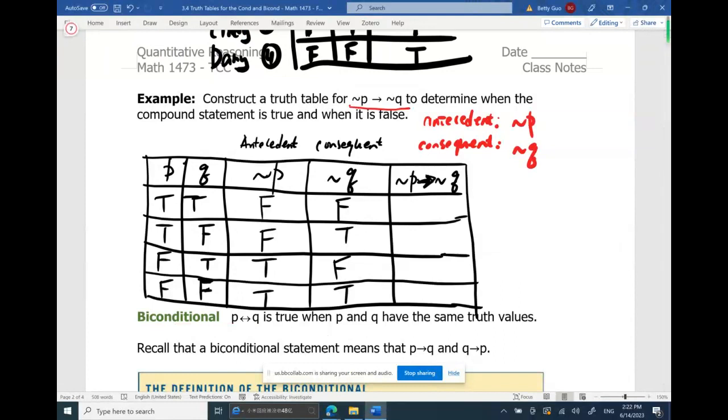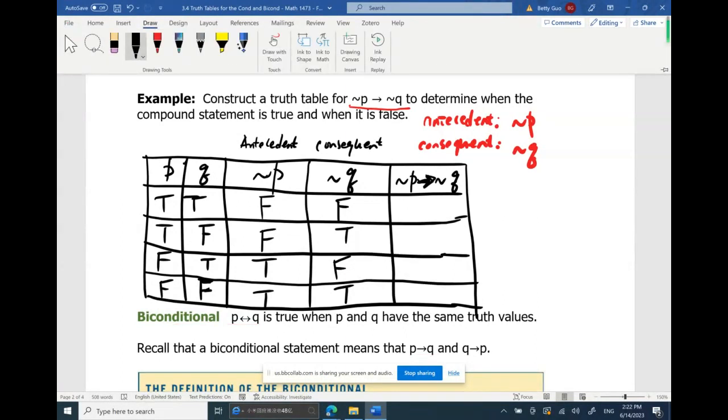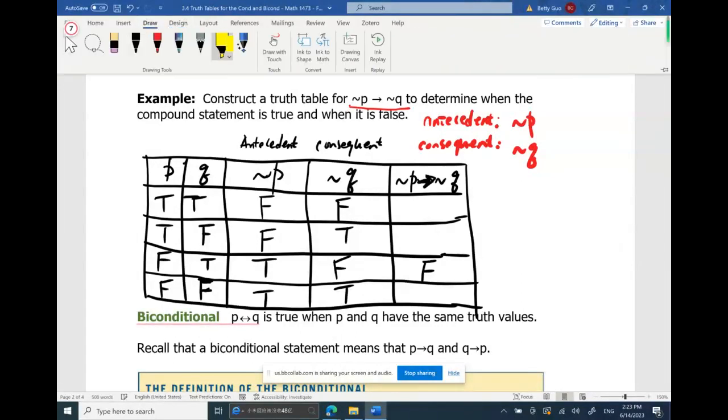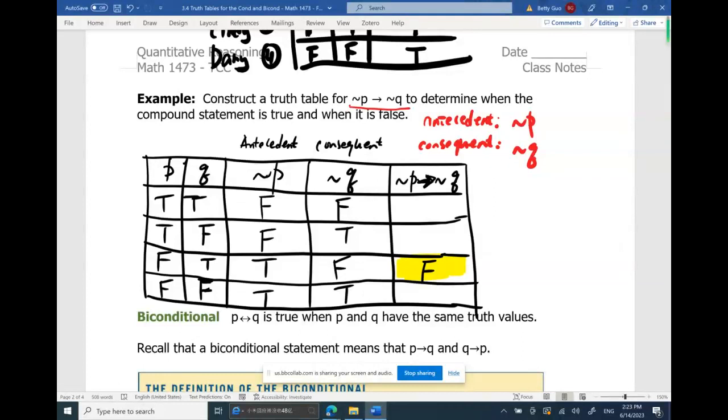And now we are ready to write the truth values for the conditional. For a conditional to be false, the antecedent has to be true, but the consequent is false. So TFF.